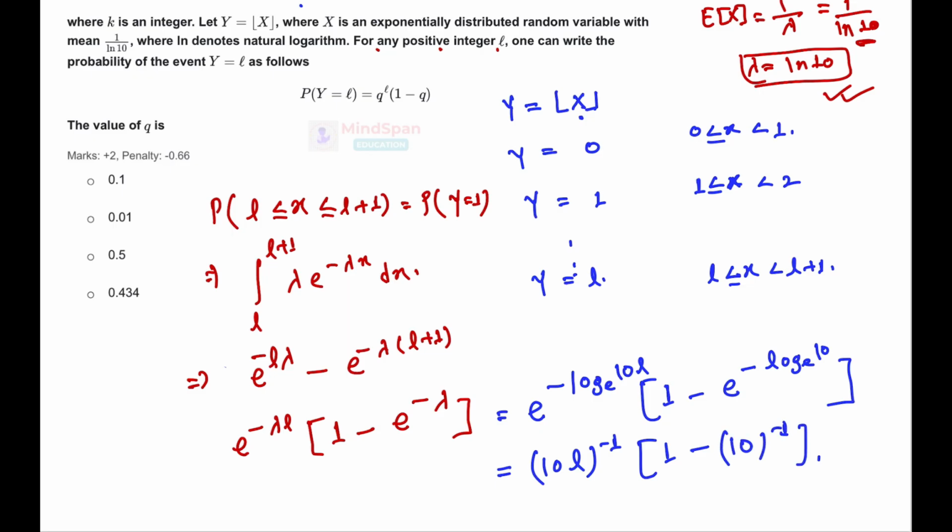And what's the property that I am using? Let me recall that one also. So b to the power log base b of a is equivalently equal to a, right? So this is the property that I am using, right? And now from here we can write that would be 0.1.